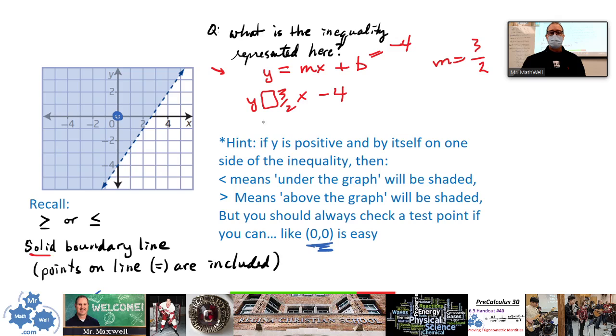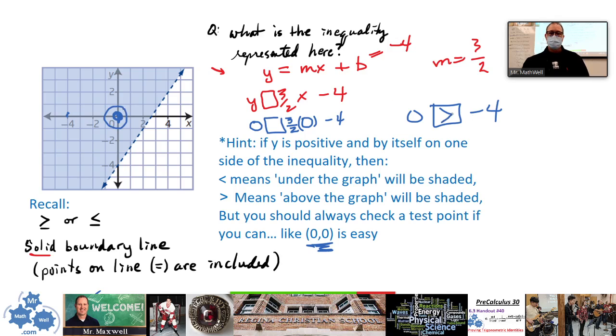So when I test 0 for x and 0 for y, I'm going to put the appropriate inequality in here. 0 is what compared to negative 4? Well, 0 is bigger than negative 4 because it's to the right on the number line. So 0 is actually bigger than negative 4.